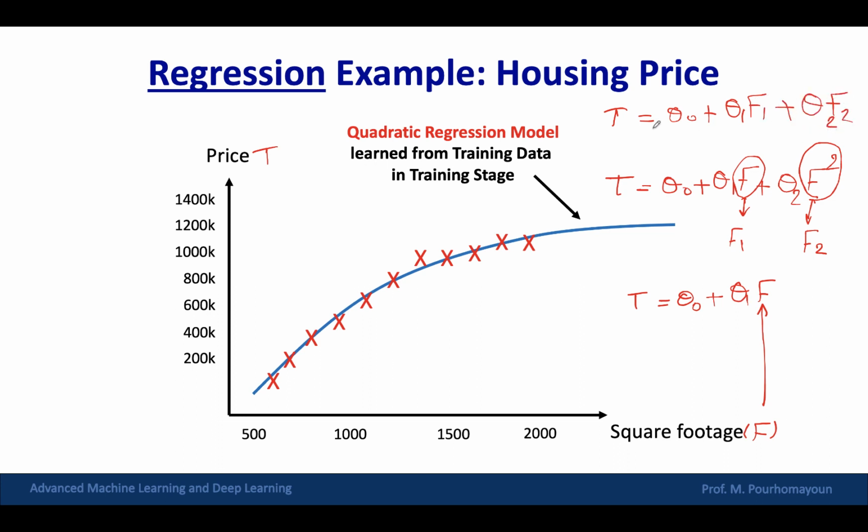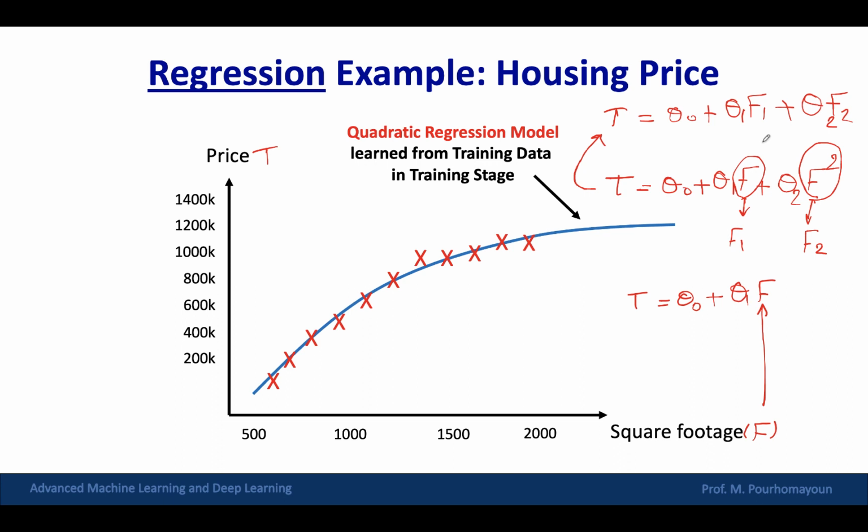So it looks like a linear model with 2 features. In fact, I converted a non-linear model like this to a linear model by adding a feature. Now I can use the same rule as linear regression to train it, only with a new feature. So this makes everything much easier.